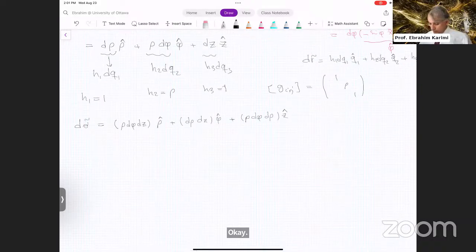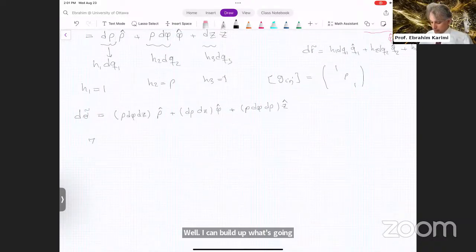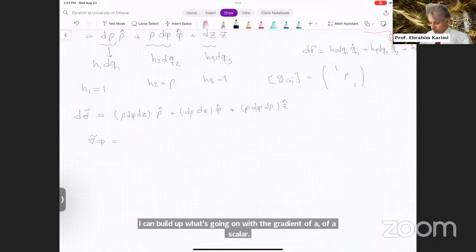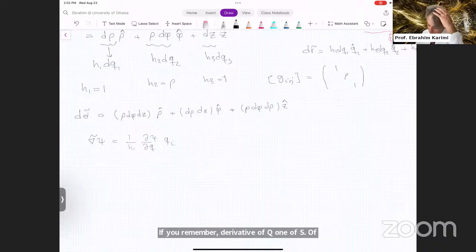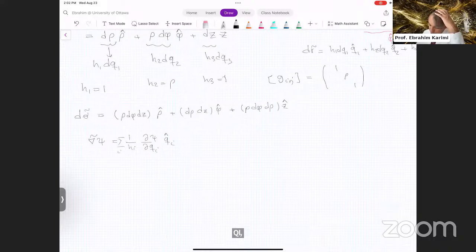Well, I can build up what's going on with the gradient of a scalar, let's call it psi, just to not get confused. That will be 1 divided by h1, the derivative with respect to q1 of psi, summed over i, in short notation.